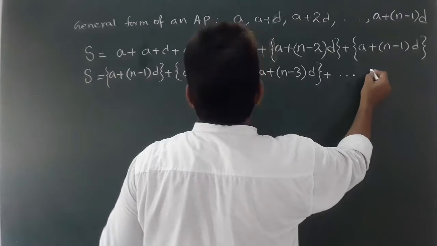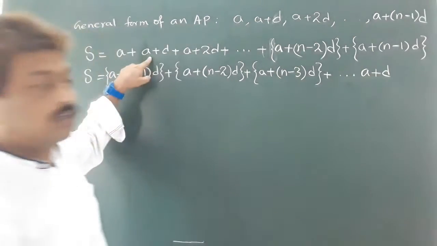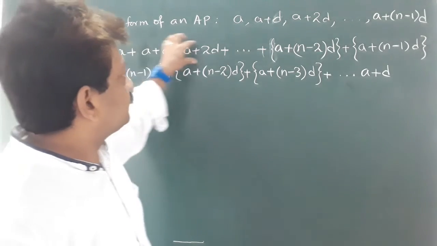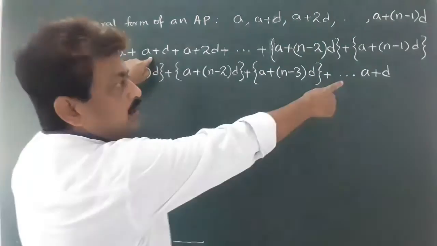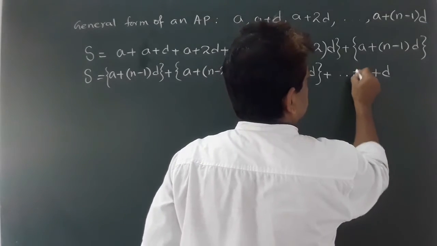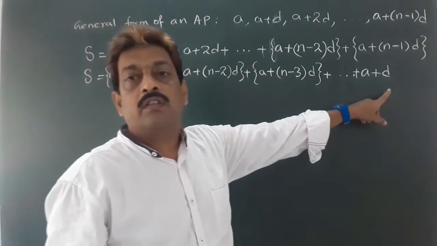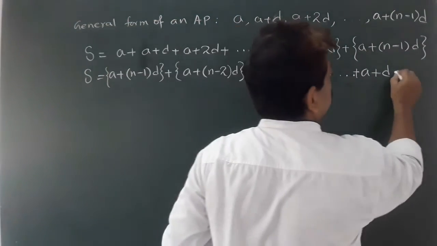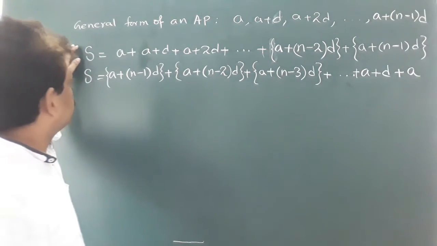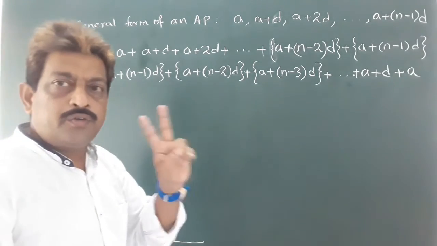So here the second last term will be the second term. The second term in the original order will become the second last term in the reverse order. So this will be plus a plus d, and the first term here will become the last term in the reverse order. Okay. So actually I am finding the sum in two ways.